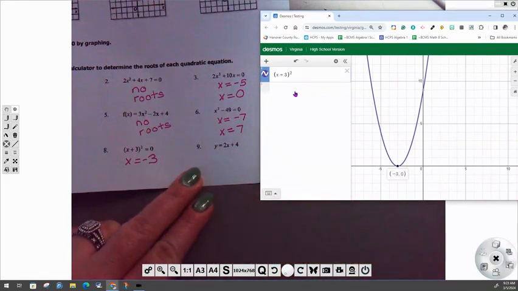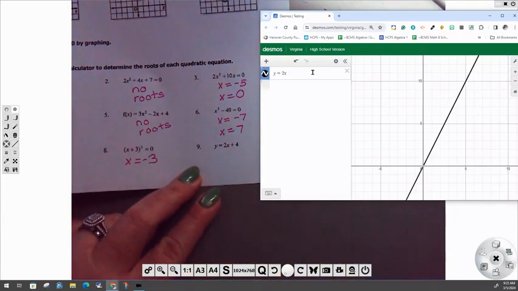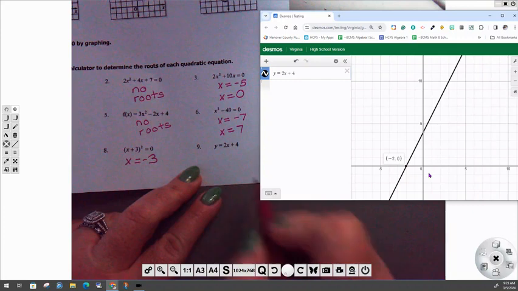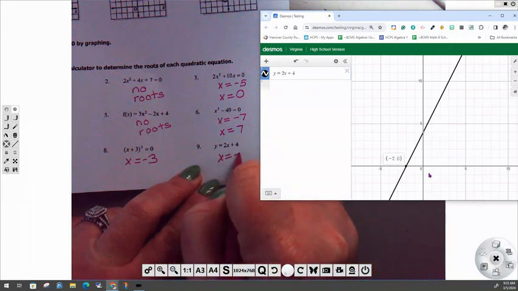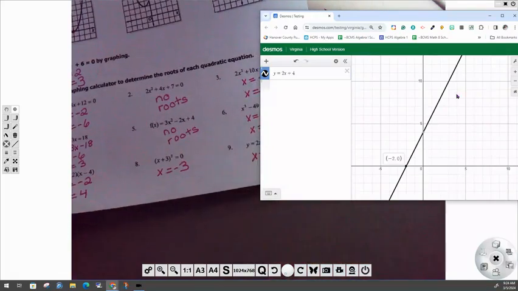It's not quadratic. It is a linear equation. Y equals 2x plus 4. So x-intercept is x equals -2. And that's all it is to quadratic functions. Again, using that Desmos to help us.